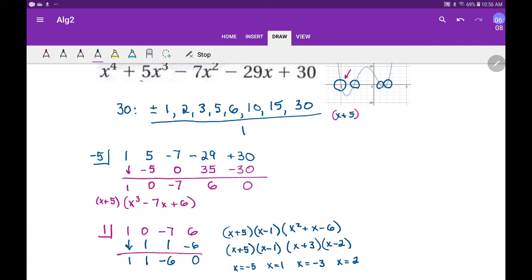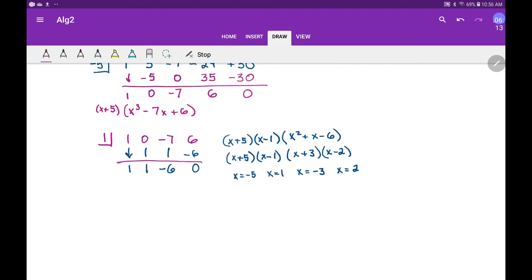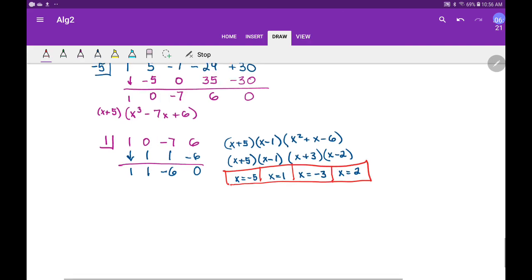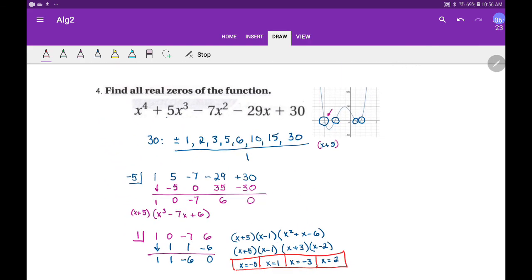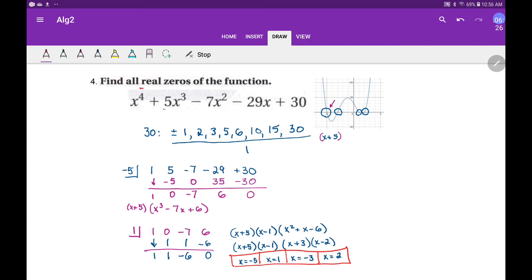For some reason, I didn't circle negative 3. I don't know why. But anyway, I'm just having a good day, that's why. Okay, those are my 4 roots, and they're all real. They did ask me for the real. You can tell I'm going to do some that aren't real soon.